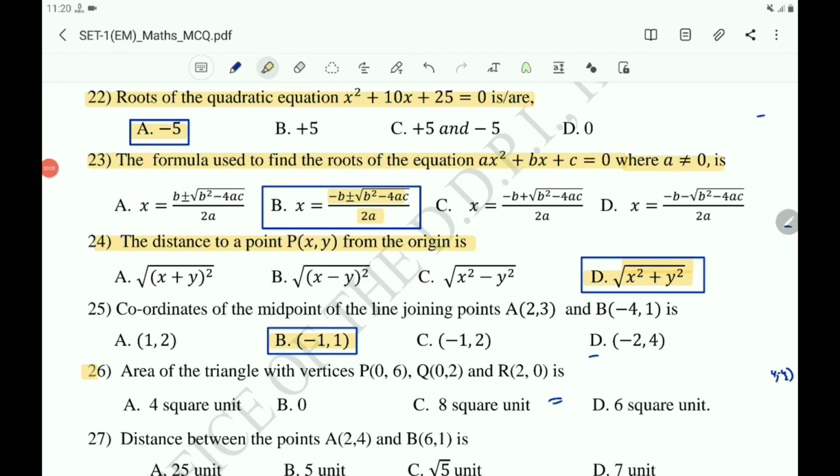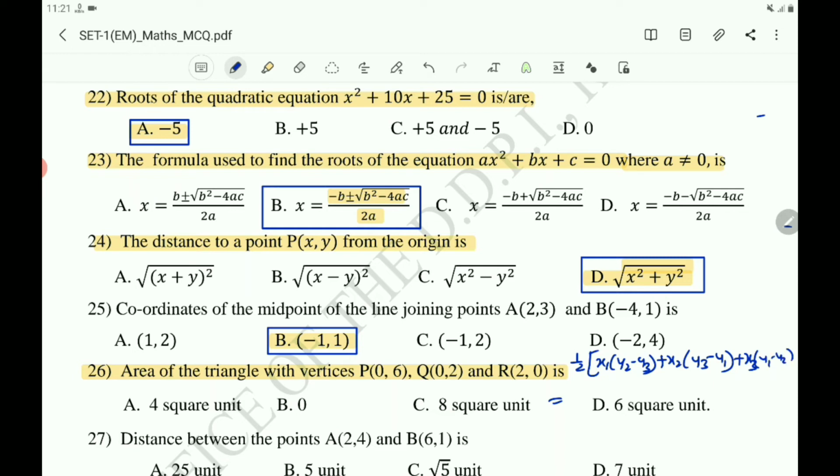Number 26. Area of the triangle with vertices P 0, 6, Q 0, 2 and R 2, 0 is. Children, here also you must know the formula of the area of the triangle when the vertices are given. So what is that formula? Half into x1 into y2 minus y3 plus x2 into y3 minus y1 plus x3 into y1 minus y2.